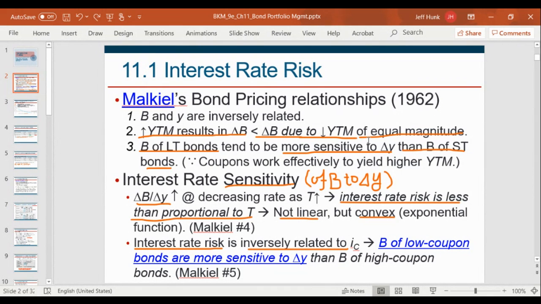Any asset, when interest rate goes up, stocks also get slammed, right? Why? Because the discount rate is going up. So that's why it's also called price risk.